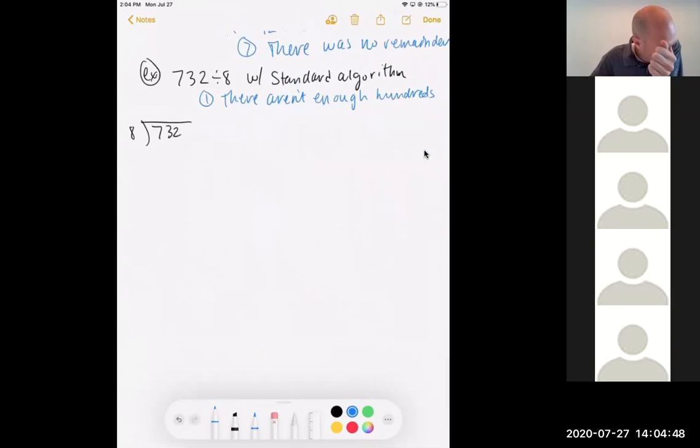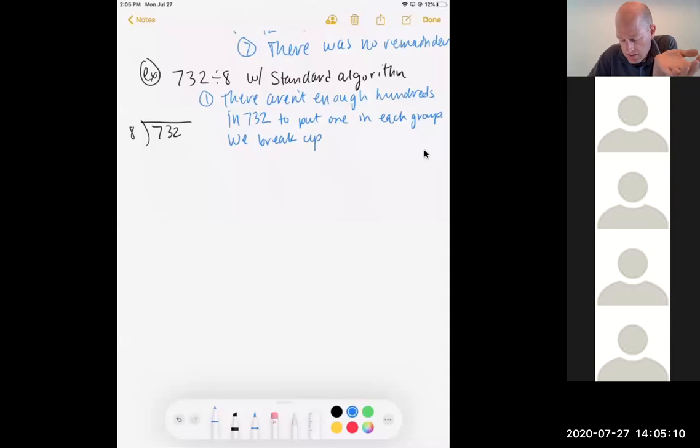There aren't enough hundreds in 732 to put 1 in each group. Okay. So then, using base 10 blocks as an imaginary model, you're going to break up those 700s.